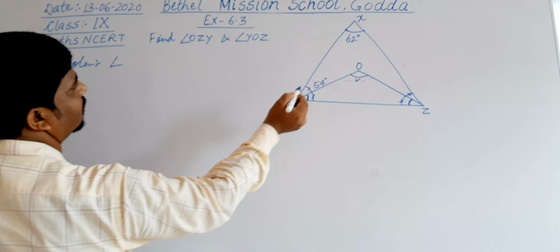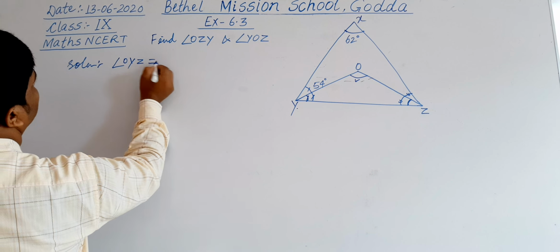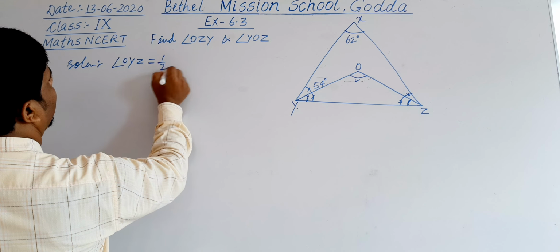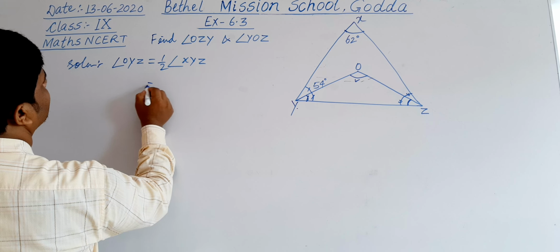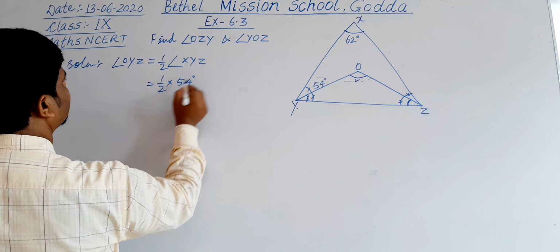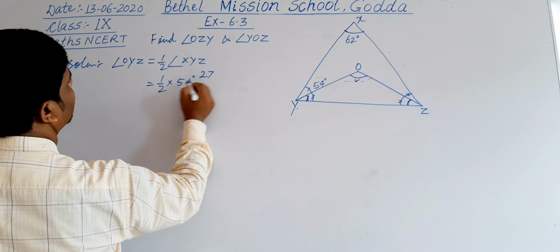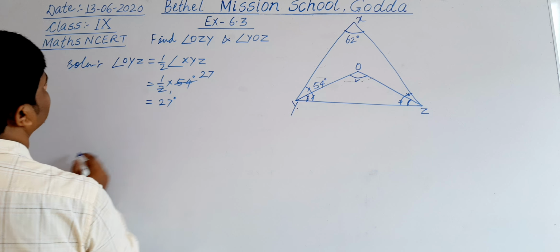Angle OYZ equal to half angle XYZ, half into 54 degree, 27 degree.